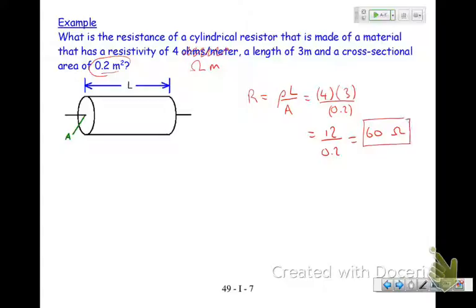Now, just put yourself in my shoes. I'm giving you this as a test question. I don't want it to be just plug and chug. So what can I do to make sure you're thinking? What would you do if you were me? So I could give you the radius. And then that tests, do you also know that pi r squared equals the area?